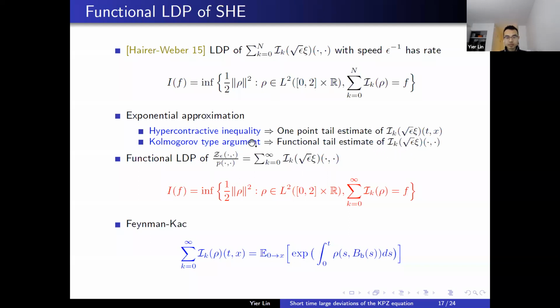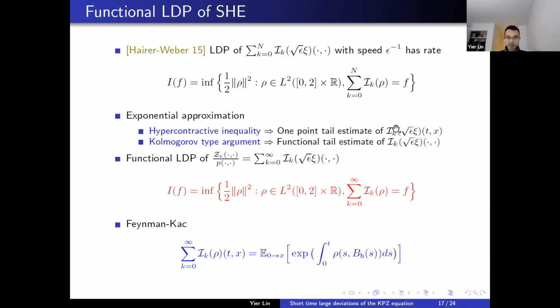A brief explanation is, okay, you first look at the one-point tail estimate for this stochastic integral, and you have some tool called the hypercontractive inequality, which basically tells you for these multiple stochastic integrals, you are able to prove a uniform tail bound for this I_k, which is uniform in k, and the tail behavior of this I_k only depends on two things.